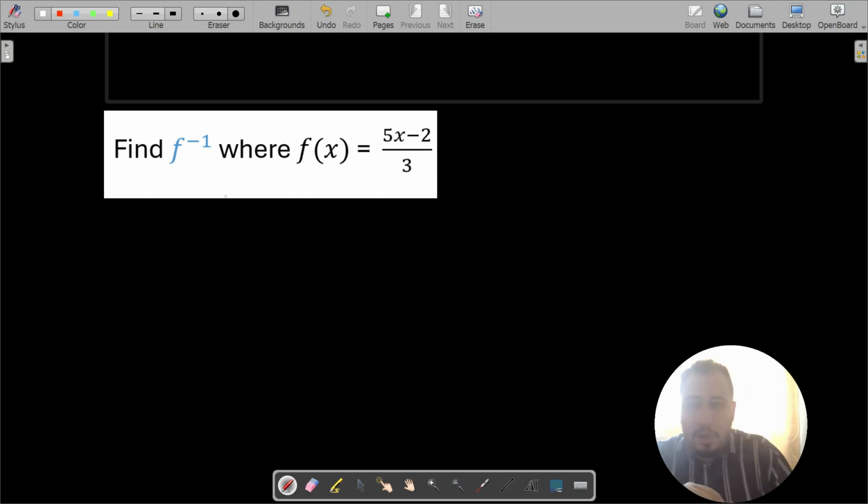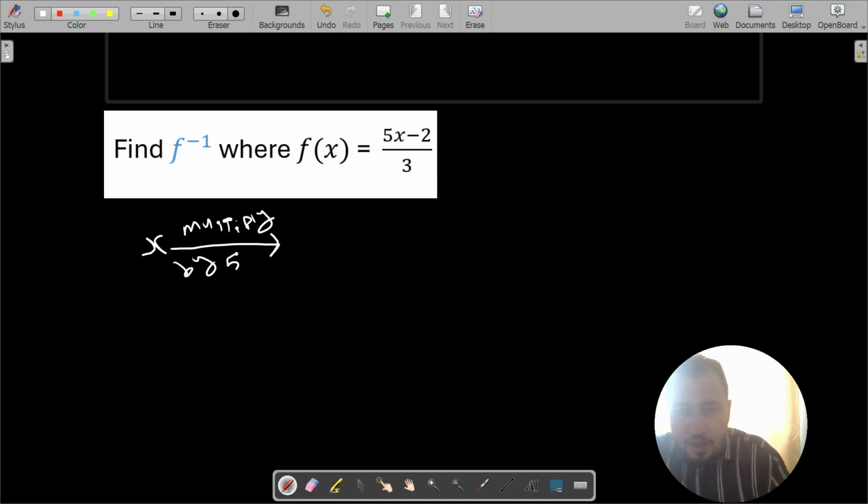Okay, my input is x. What is happening here? What's happening here is multiply by 5. White on white is not clear, so you write multiply by 5. It's going to be 5x. After that, what is the next step?